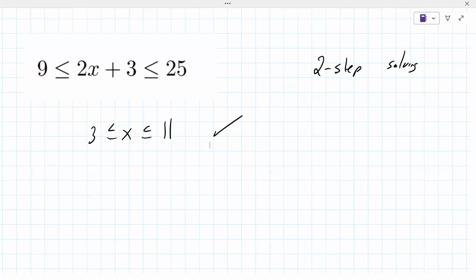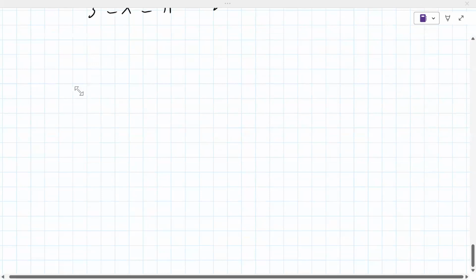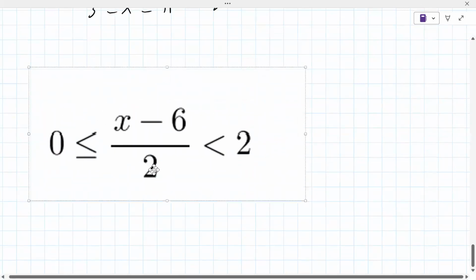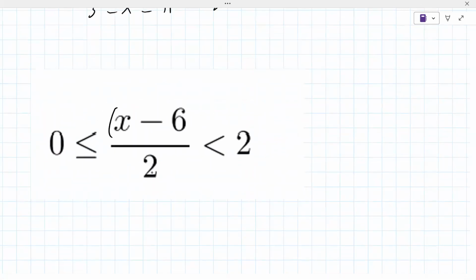All right, so here's one that kind of violates order of operations. This one here, you have to actually undo the division first, division by 2. And the reason is that's really in parentheses, which is why you undo division first.